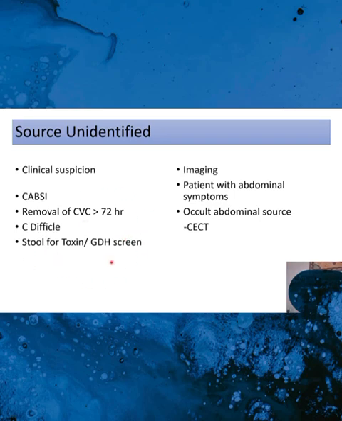Stool for toxin or GDH screening. In a patient in whom you suspect an occult abdominal source, you can go for CECT. He may have something to be surgically drained rather than treated with antibiotics. So source control is important in this, and it should be guided by the patient's symptomatology. That's why the investigation should be clinically driven and should not be protocol based.